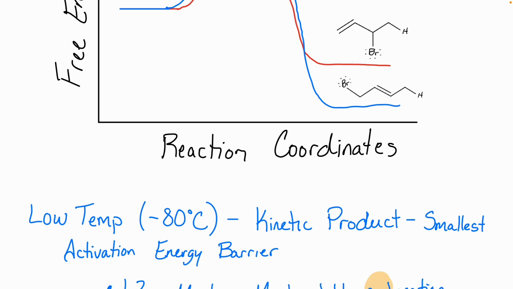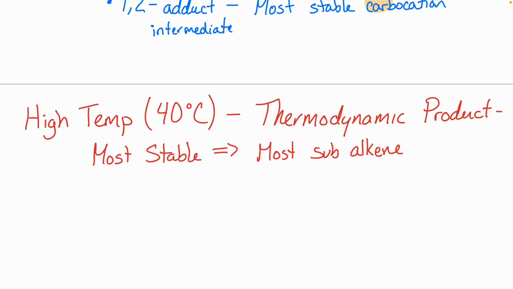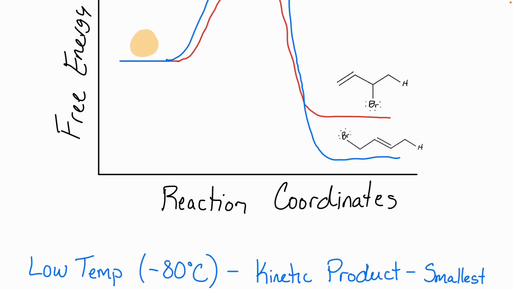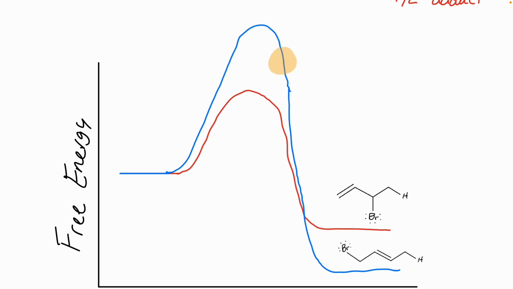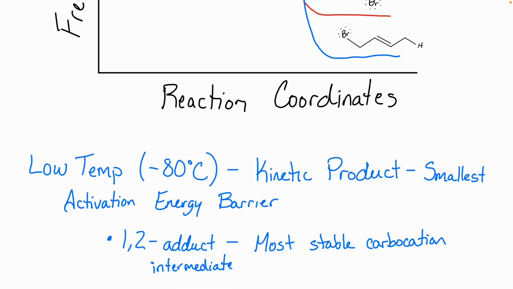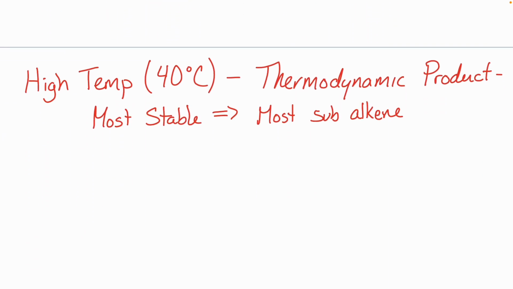So at high temperatures, you're giving the system a chance to go to equilibrium, which is always going to favor the more thermodynamically stable product, right? At low temperatures, it kind of jumps over the smallest hump and then gets stuck. It's done. Product's formed, right? At high temperatures, it can go back and forth. It can sample all possible paths, and so it will rest in that lowest energy system, all right?